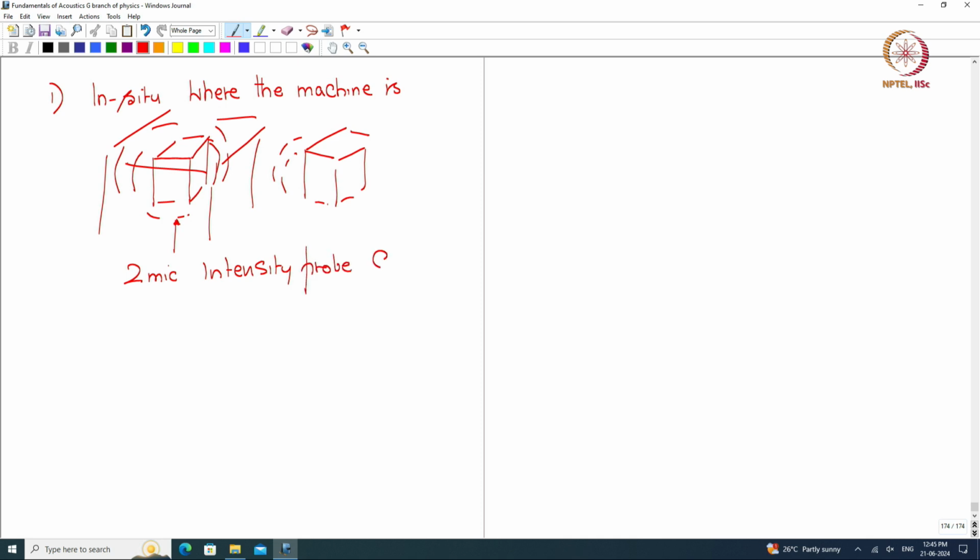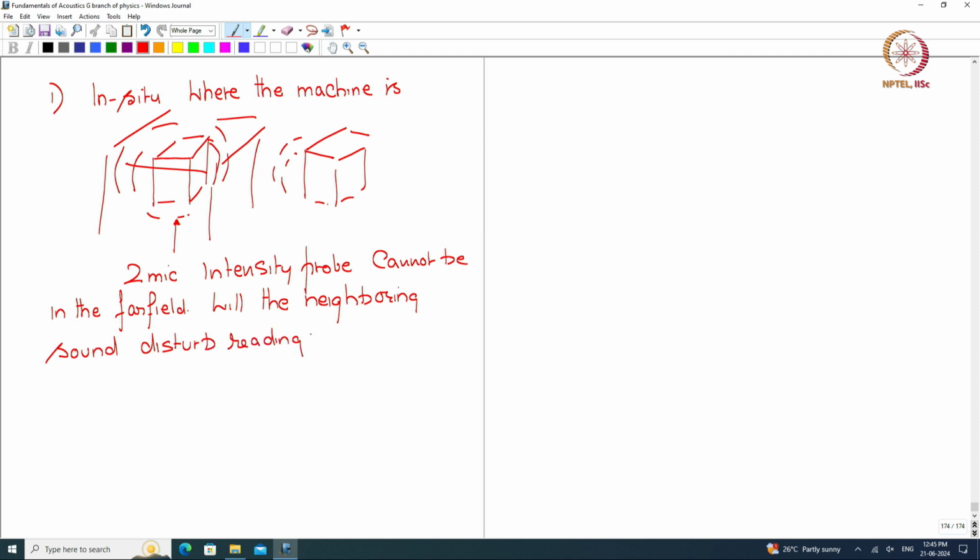Why? Because we cannot be in the far field. Then the question arises: will the sound from the neighboring machine disturb the readings?